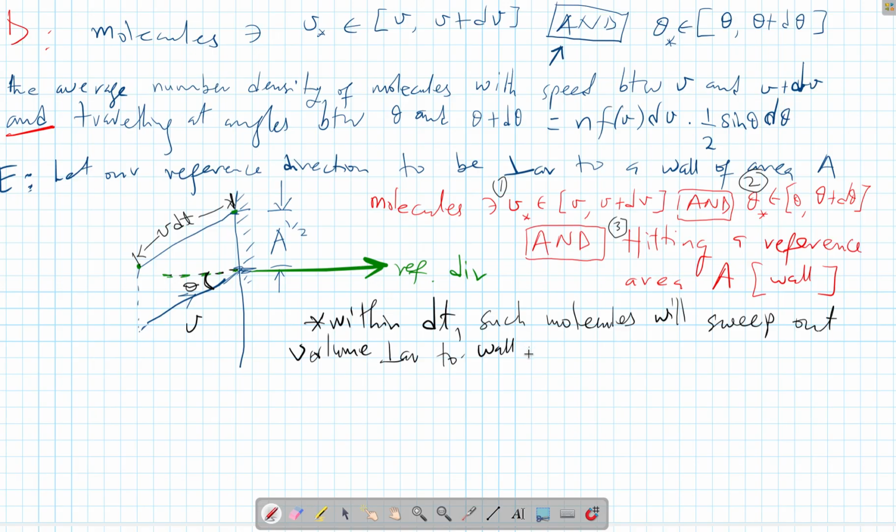This is going to be something like area of wall times length traveled by molecules.